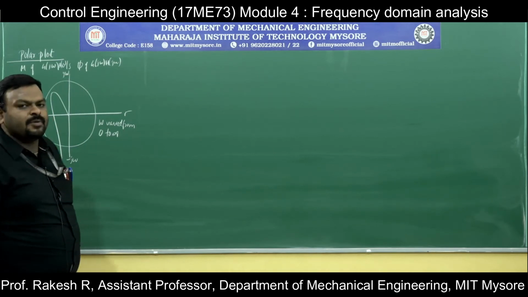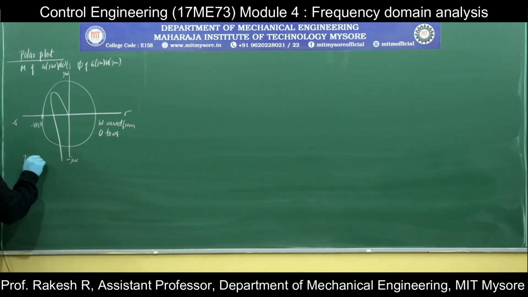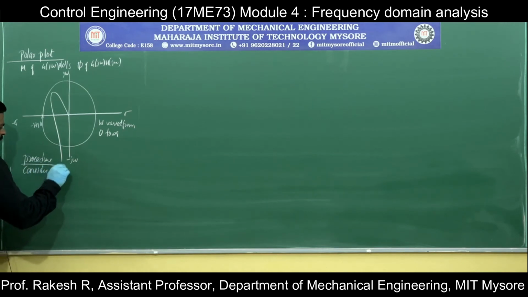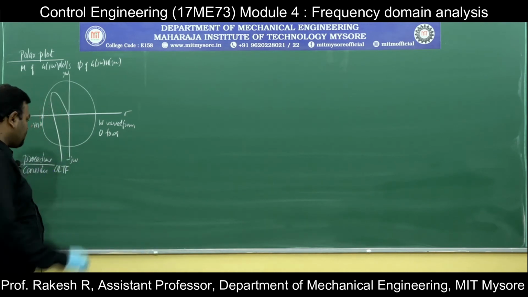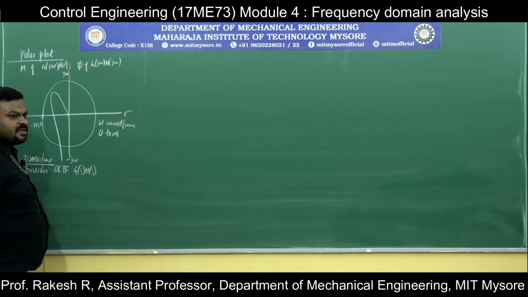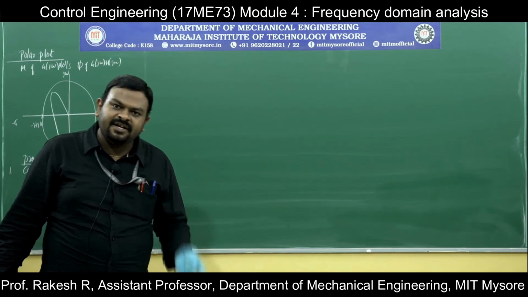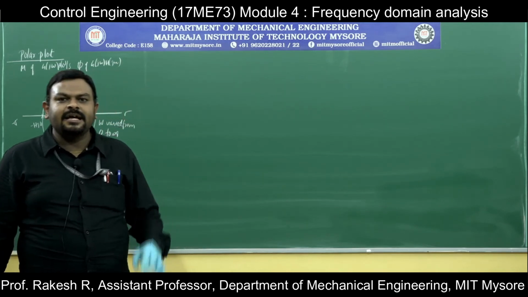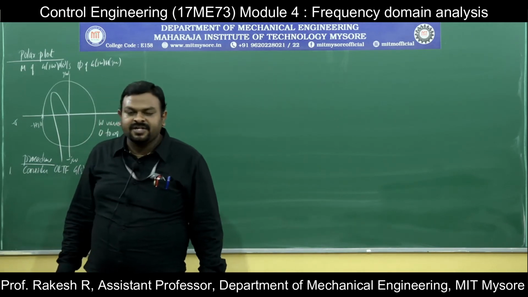Let us see the procedure to solve a polar plot. The first step is to consider the open loop transfer function, G(s)H(s). In the problem, they can mention the closed loop transfer function or the characteristic equation, anything, but you have to consider only the open loop transfer function.